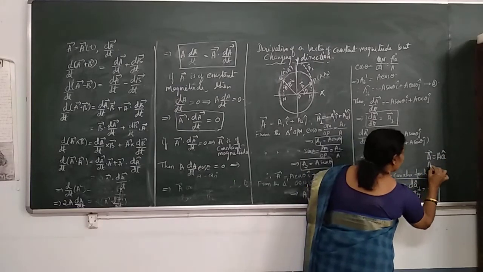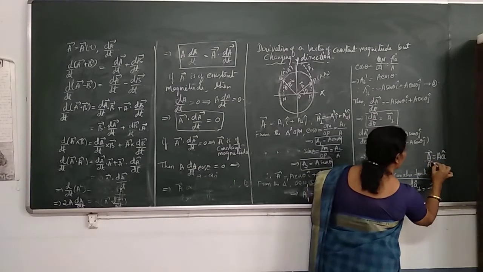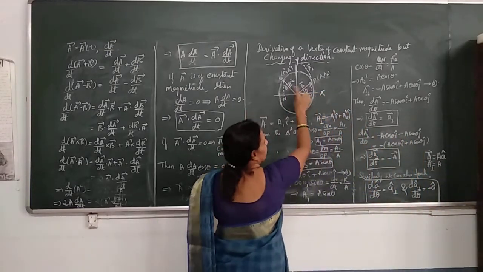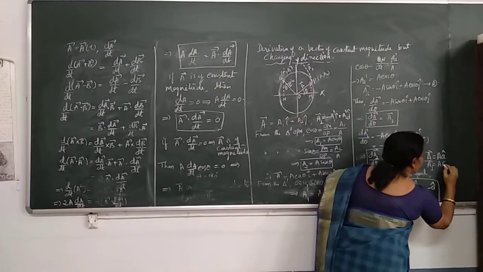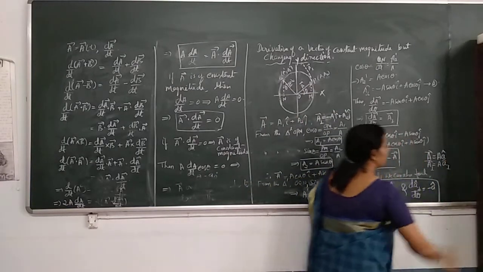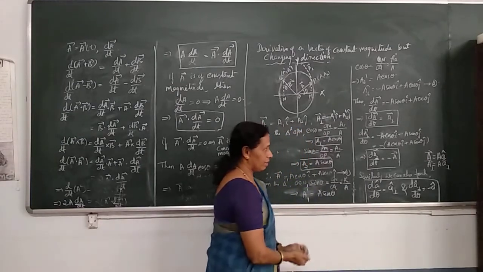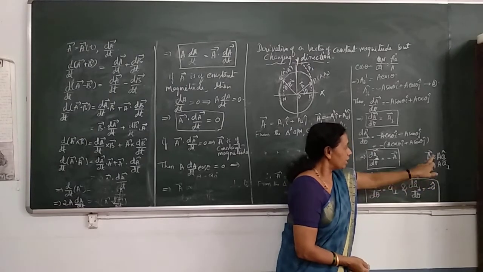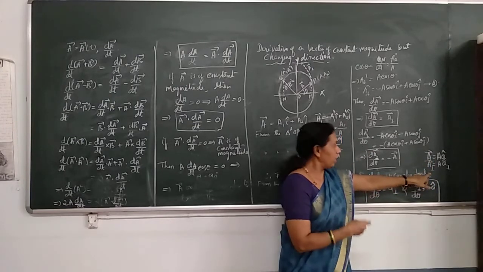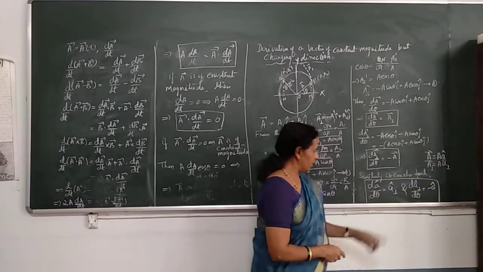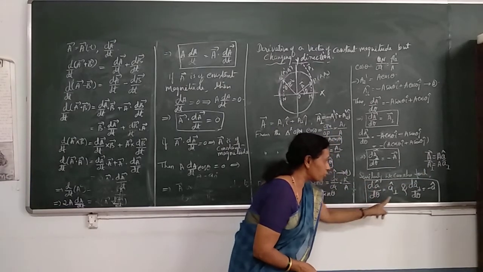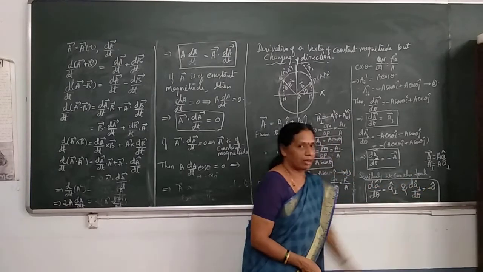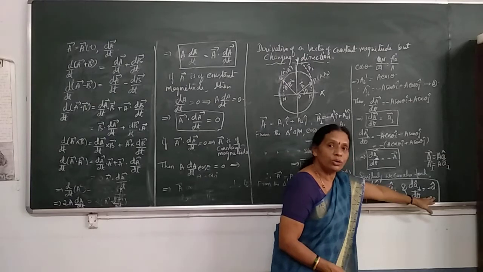Similarly, you can write A perpendicular vector as A, the magnitude being the same, but the unit vector is different, A perpendicular cap. Then dA vector by d theta gives A perpendicular vector, and dA perpendicular vector by d theta gives minus A vector. In a similar manner, dA cap by d theta gives A perpendicular cap, and dA perpendicular cap by d theta gives minus A cap. These are the results that are true for unit vectors.